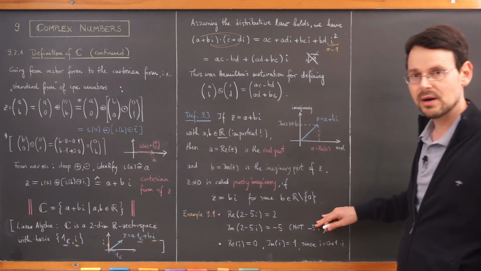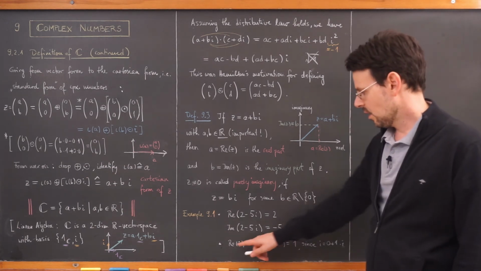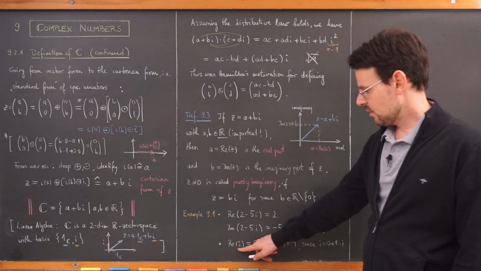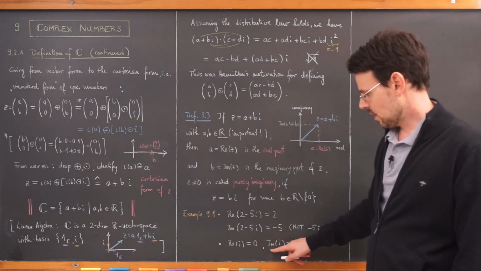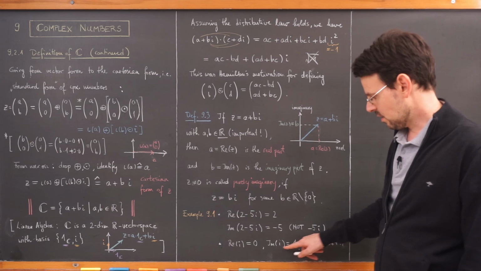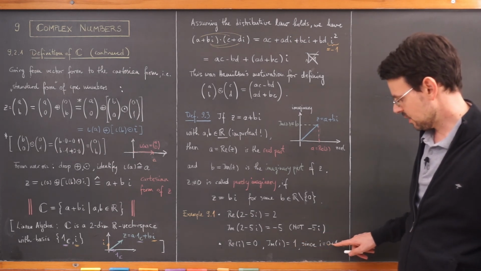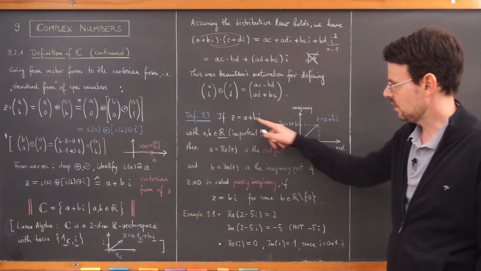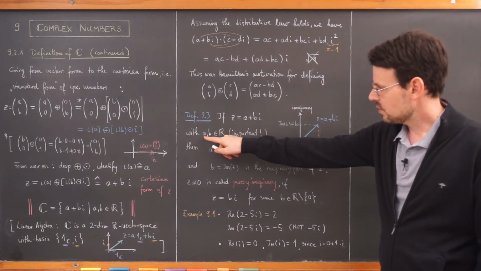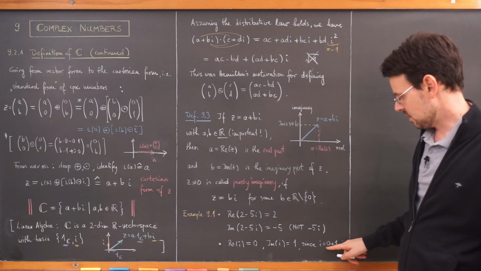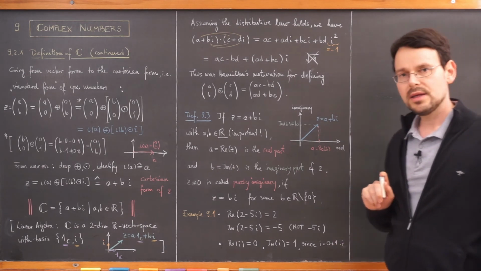The imaginary part is a real number. The real part of the imaginary unit I is 0, and the imaginary part is not I itself, but 1, because I can be written as 0 plus 1 times I. So in this form, with real coefficients a and b, here a is 0 and b is 1.